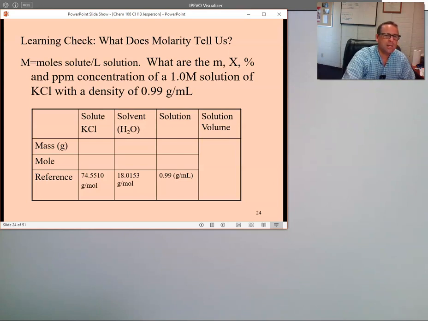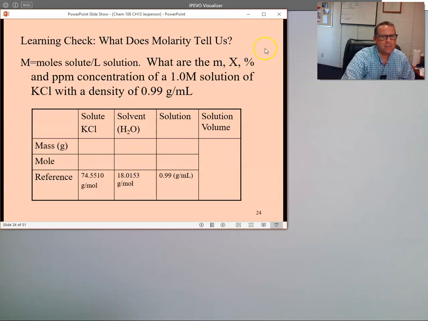Okay. X is mole fraction. So it's trying to identify the moles of solute over total moles.